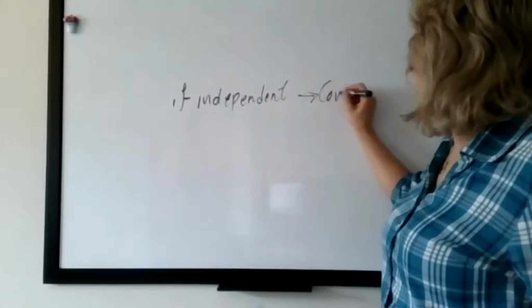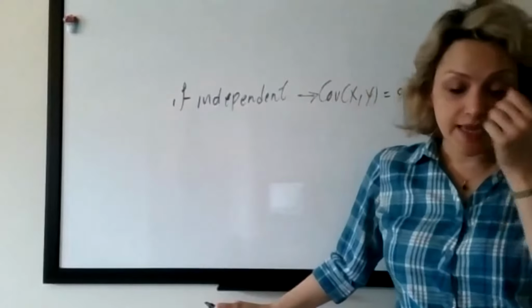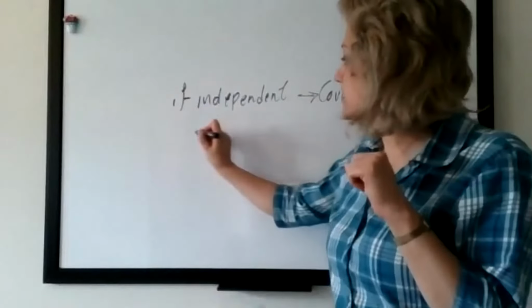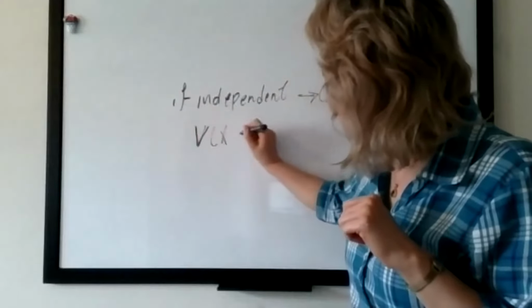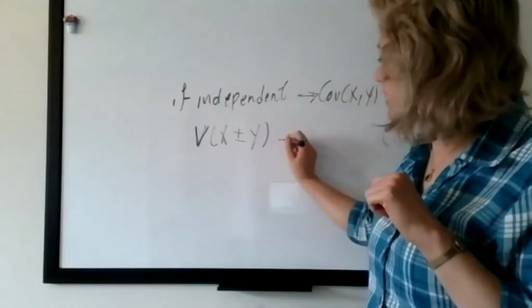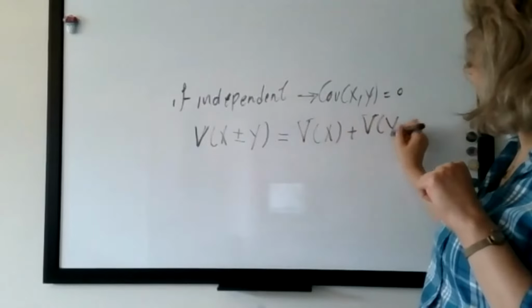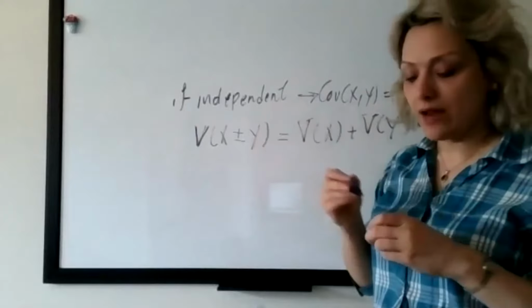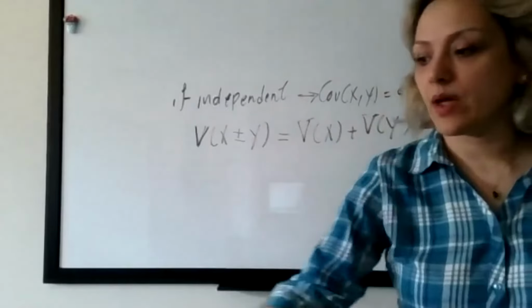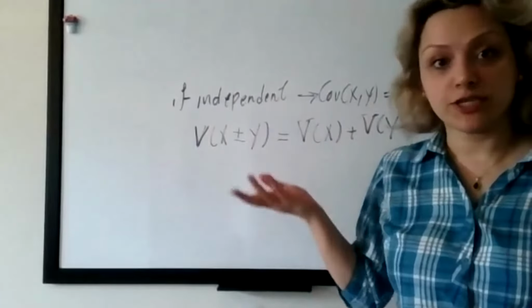So the variance of X plus or minus Y is going to be equal to the variance of X plus the variance of Y. That's what we use if they are independent. You're going to see that later when we work on experimental design, like the factorial design, where we are going to use these assumptions a lot. So let's go back to our notes.